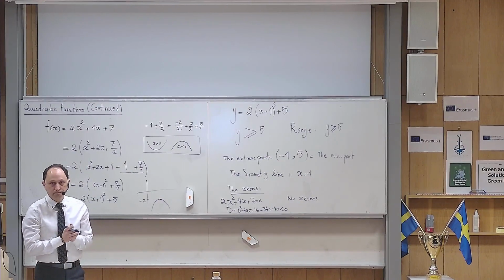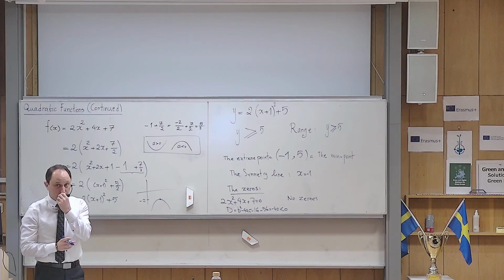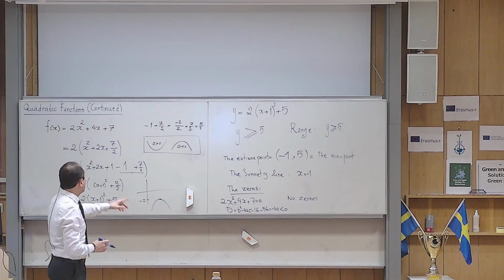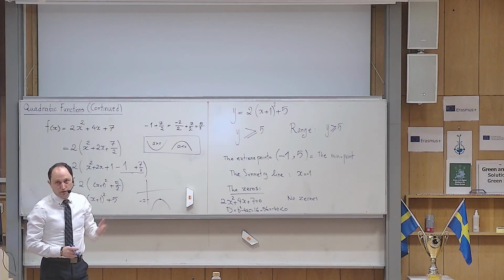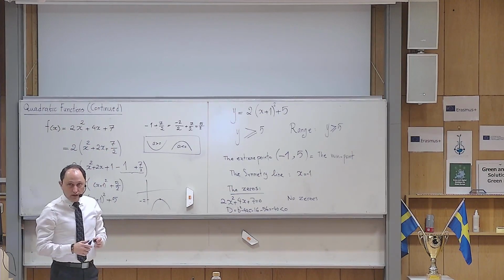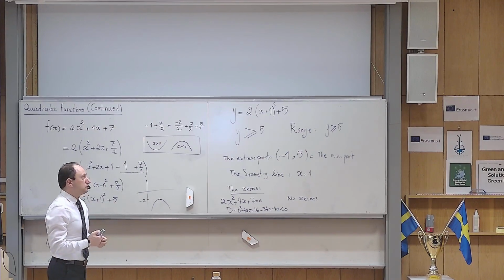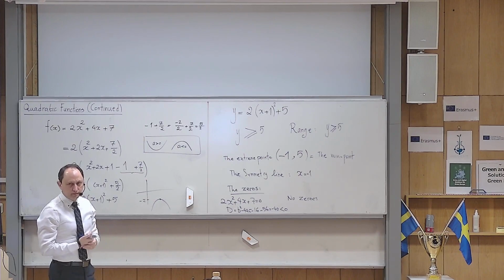Are there any equations that do not intersect with the y-axis? Yes, exactly that one. So if I ask GeoGebra to draw this, you will see that it will not intersect. I mean with the y-axis. Yes, that also is possible.